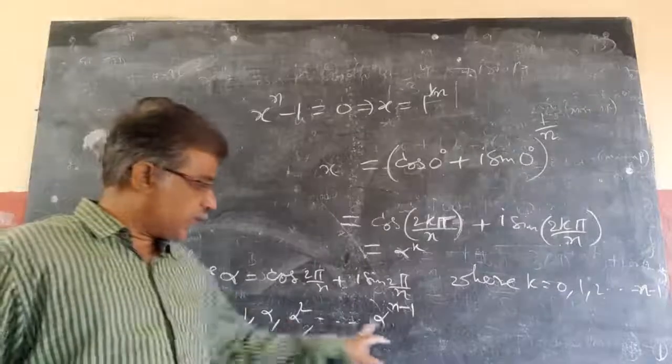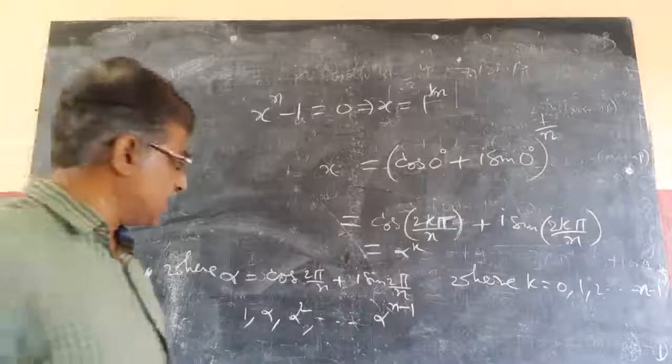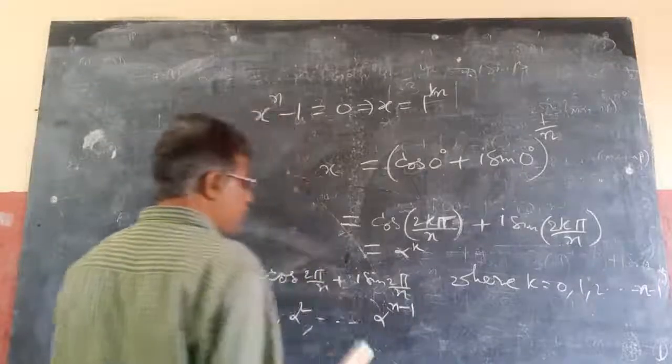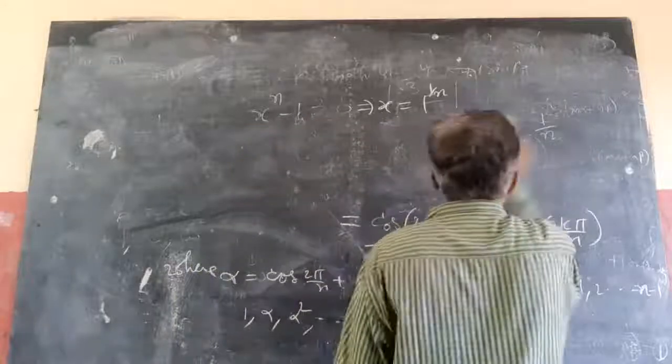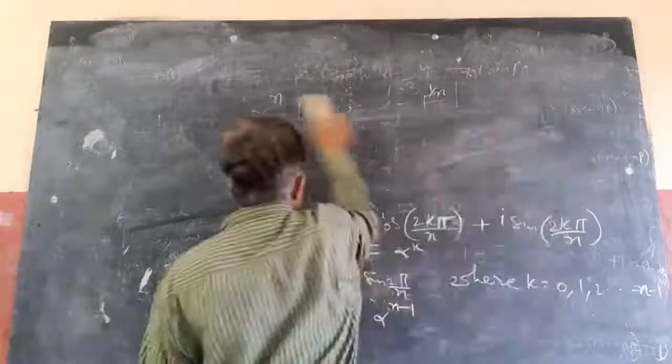Now if I want to find the sum of nth roots of unity, what do I get?